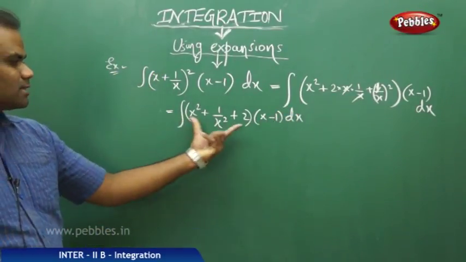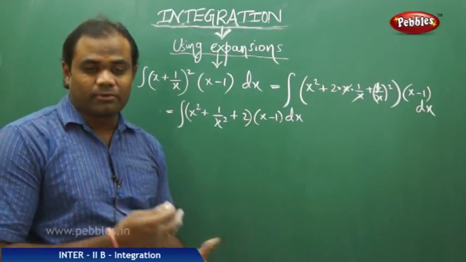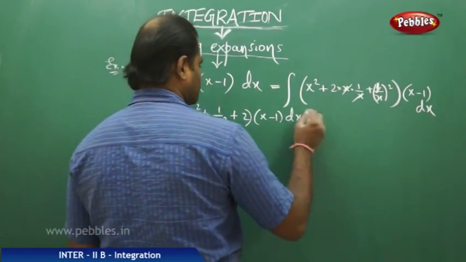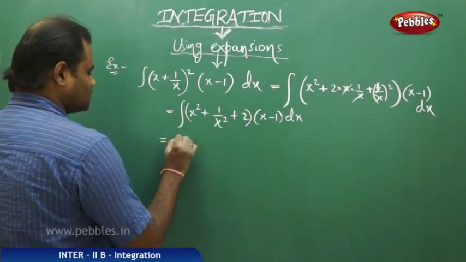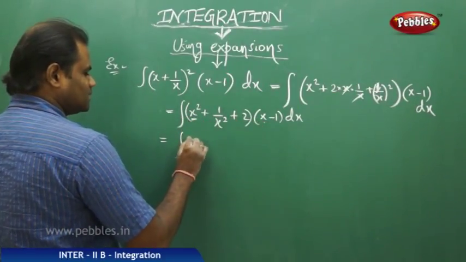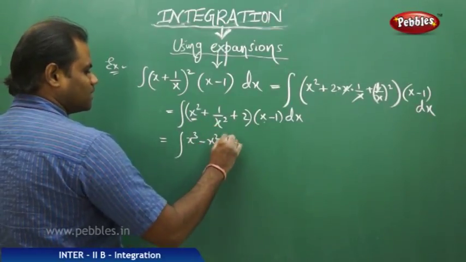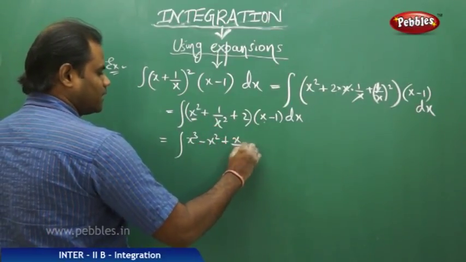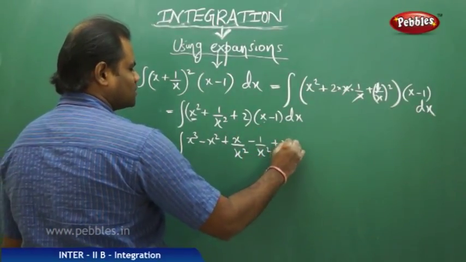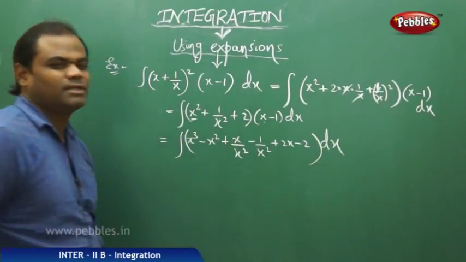Now further, this and this are two factors which I'm going to multiply to reduce that into a single term. So this on expansion gives x squared multiplied with x is x cubed minus x squared plus x minus 1 by x squared, that is, x cubed minus x squared plus x minus 1 by x squared.